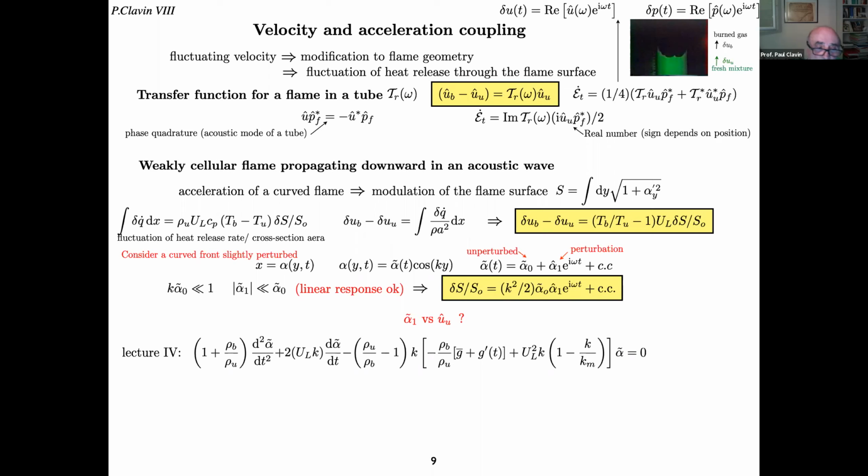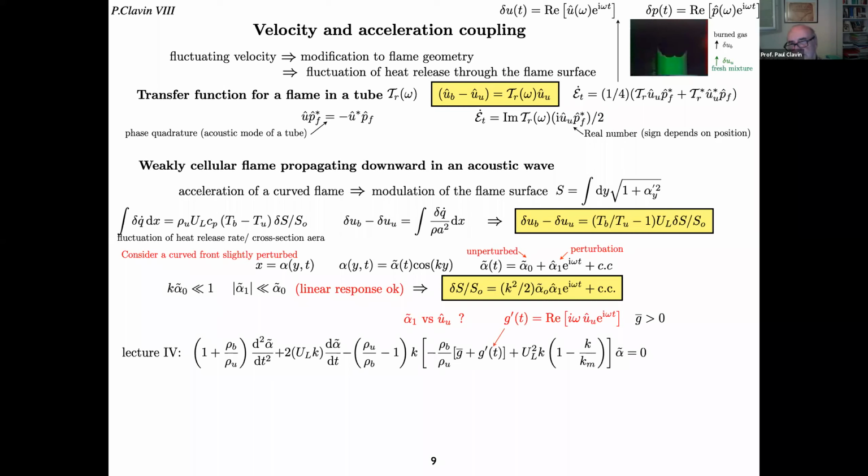Now, what is interesting is that when the flame is in an acoustic field, the gravity that you have to introduce in the equation that I have described here is now oscillating, because this is the acceleration which is produced by the acoustic.